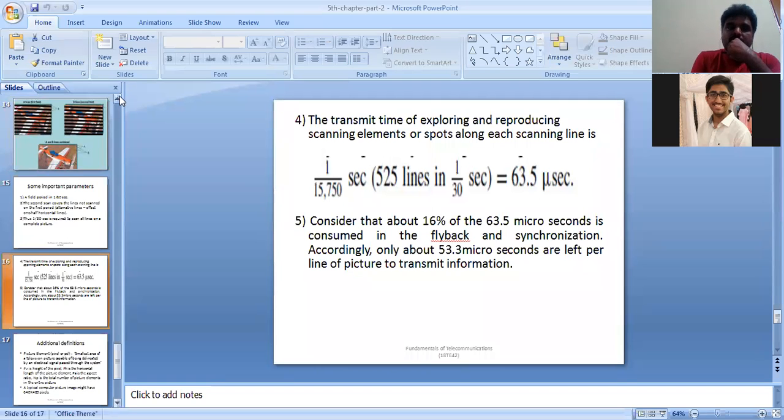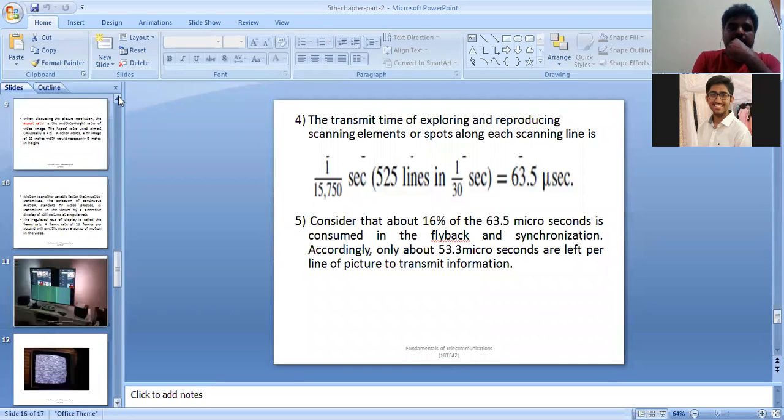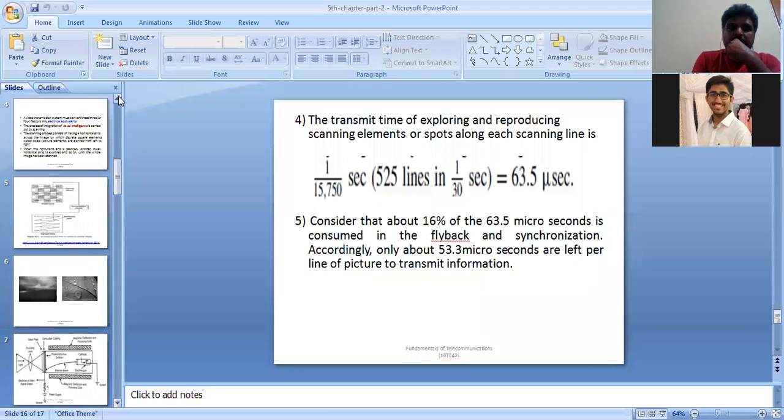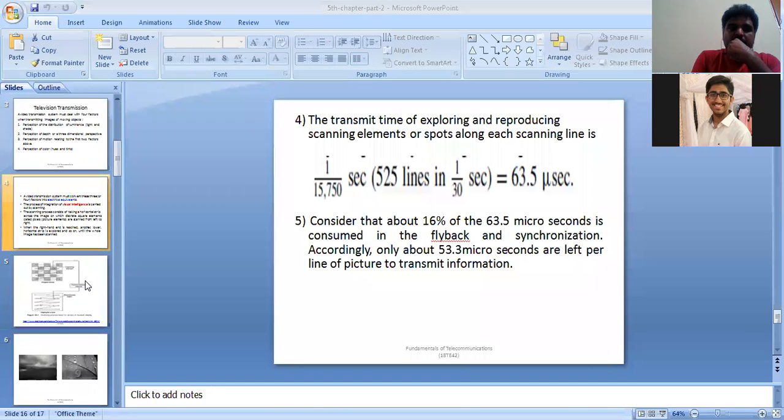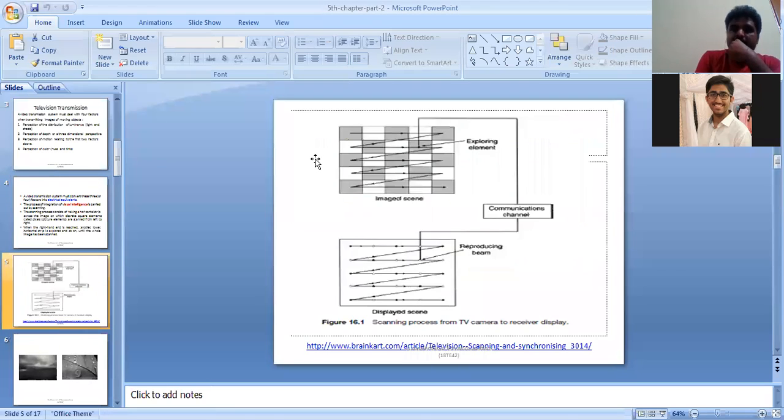Before we conclude, I want to tell another aspect. There has to be a synchronization between what is transmitted from this camera and what is displayed on the receiver.